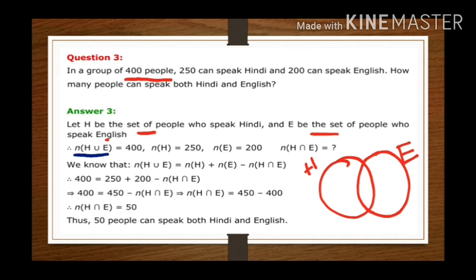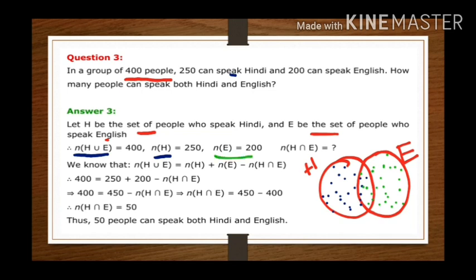Now, how many people can speak Hindi? 250. That is, cardinality of H is equal to 250. And how many people can speak English? It is 200, so in this set there are 200 people.